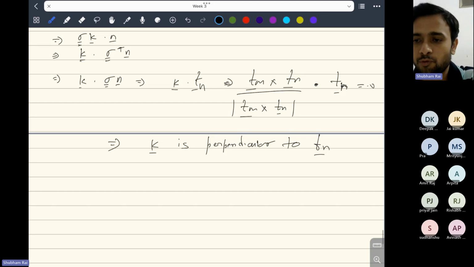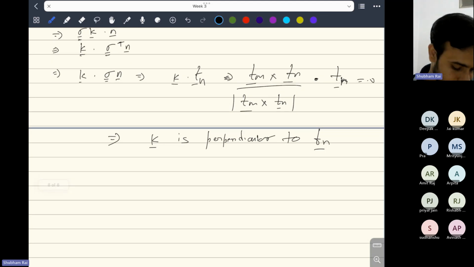That's why we have proved that k is perpendicular to both Tm and Tn.